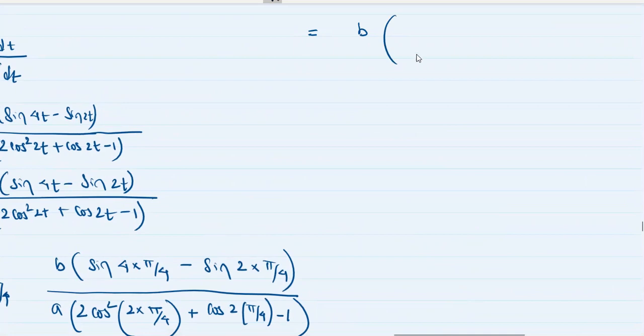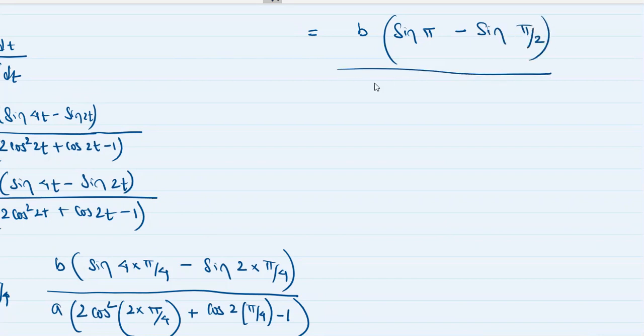Okay, so we get b bracket sine pi minus sine pi by 2, the whole upon a bracket 2 cos square pi by 2 plus cos pi by 2 minus 1.